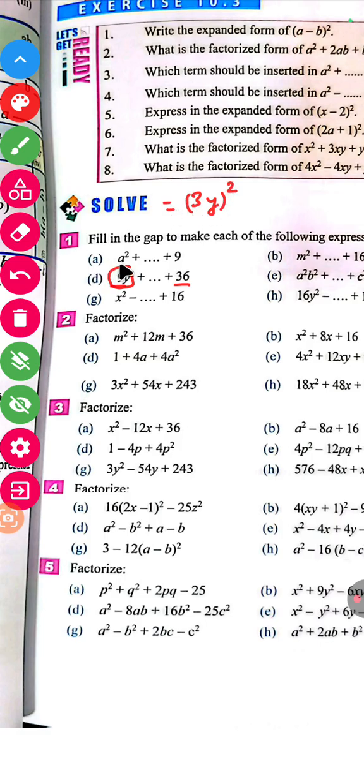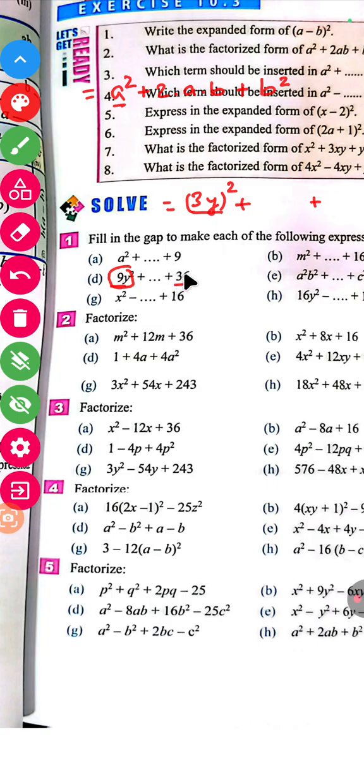That can be in place of a, because we have to convert it into the form of a square plus 2ab plus b square. So the first term was 9y square, I converted it into 3y, and then I gave the whole the power 2, which indicates that a is 3y.